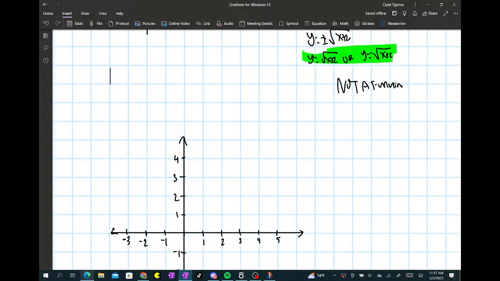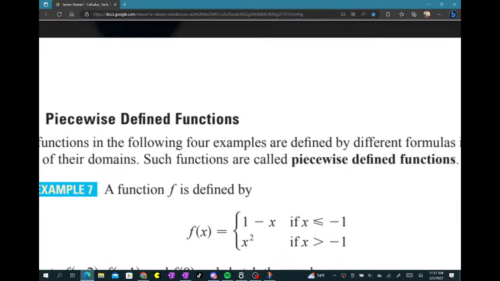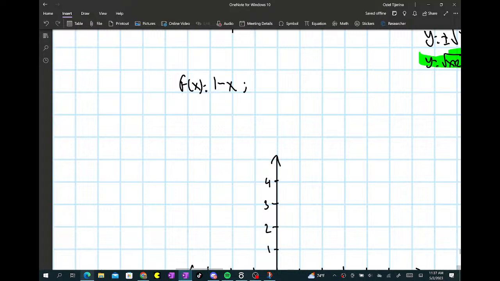So we have f of x equals 1 minus x, such that x is less than or equal to negative 1.